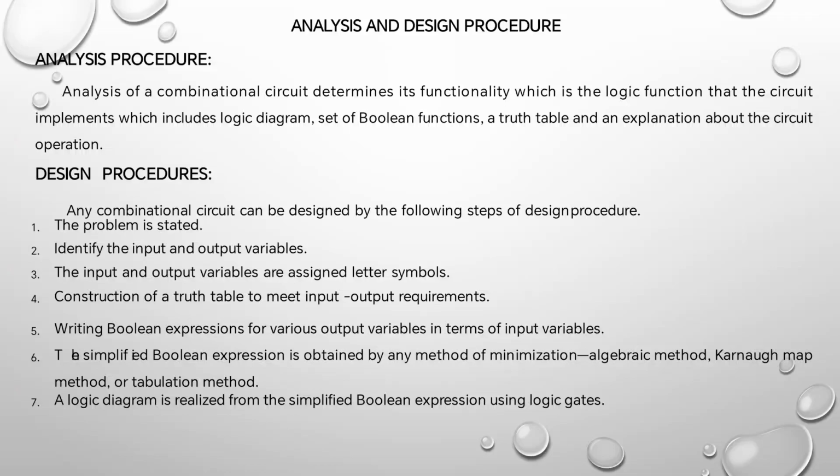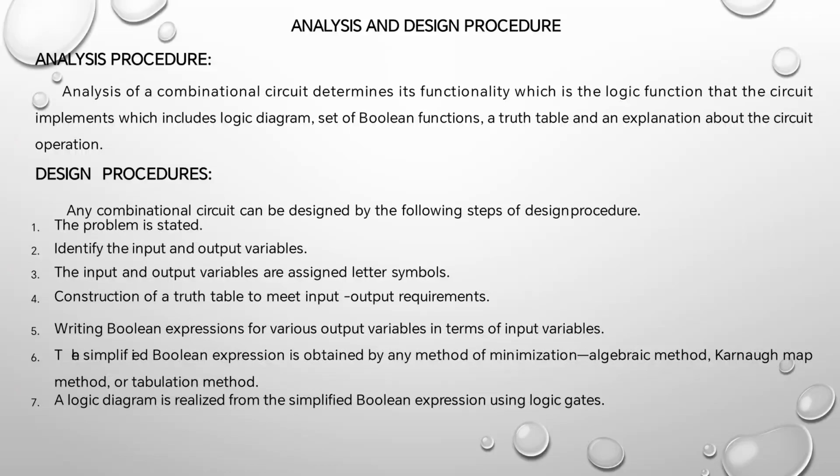Design procedures. The combinational circuit can be designed by the following steps. First, the problem is stated. Second, identify the input and output variables. Third, the input and output variables are assigned letter symbols. Fourth, construct a truth table to meet input output requirements.